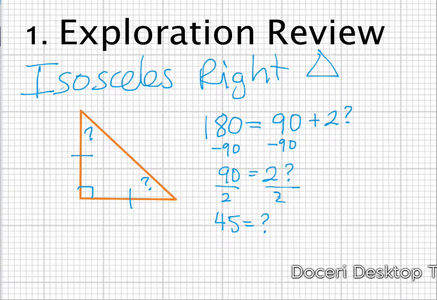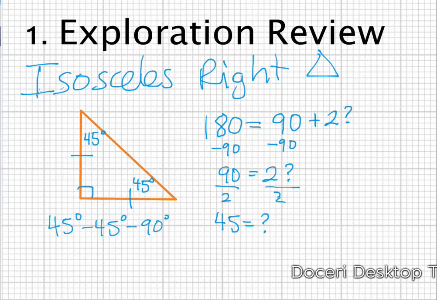So instead of the question mark, we can put 45 degrees here. So each of these angles are 45 degrees. Okay? So that's why it's called a 45, 45, 90 right triangle, because those are the measures of the angles.